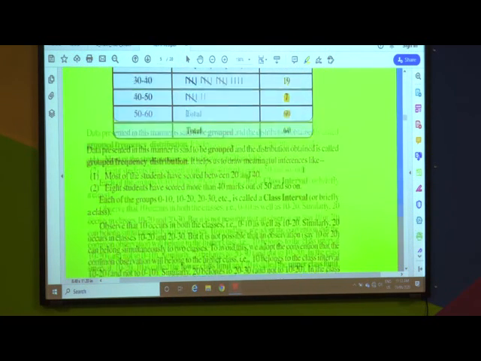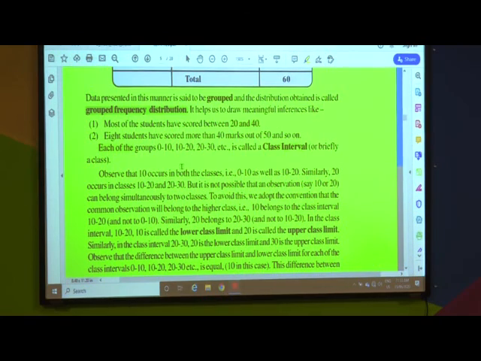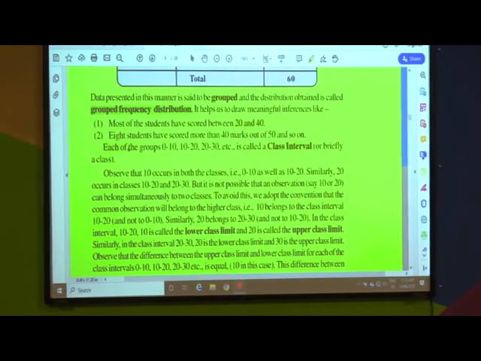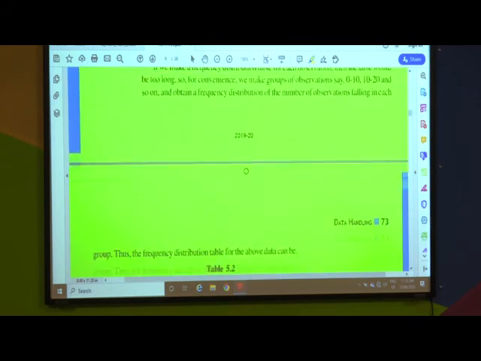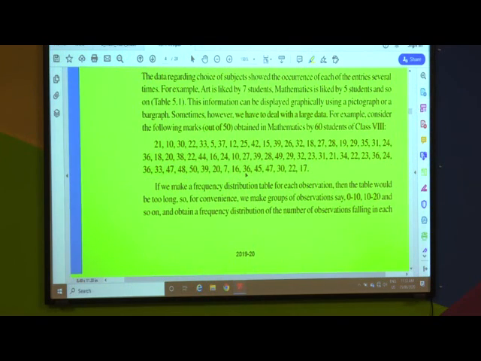Proceeding further, each of the groups is called a class interval. Observe that 10 occurs in both classes, 0 to 10 as well as 10 to 20. Let us see the data properly so that we can understand.